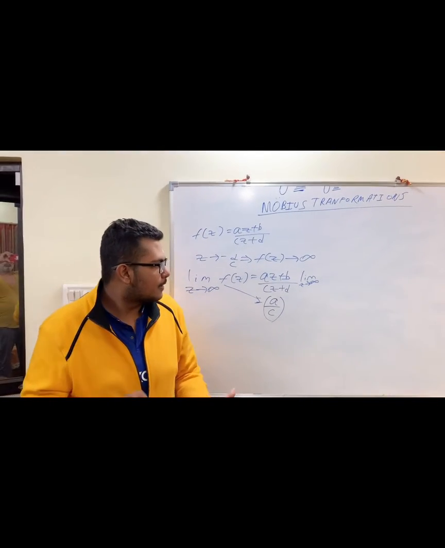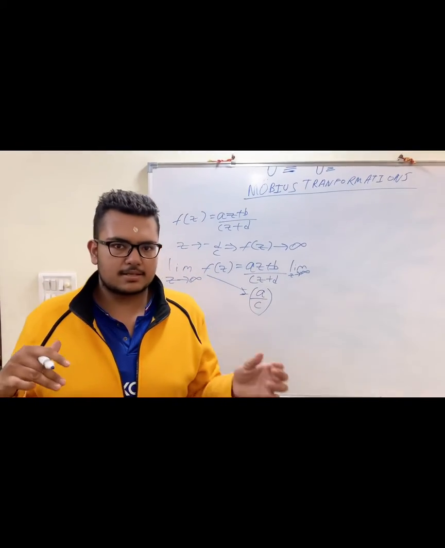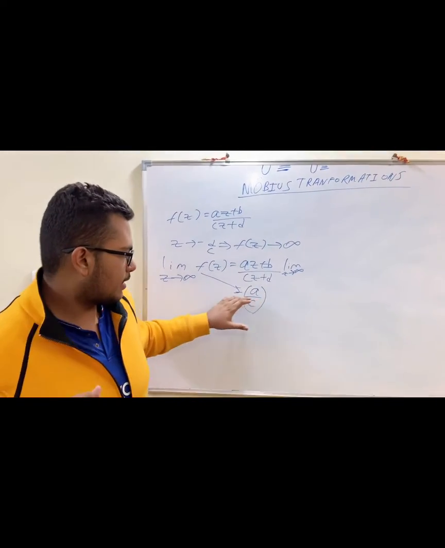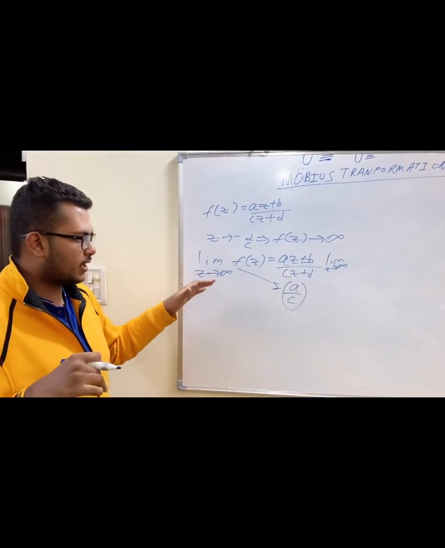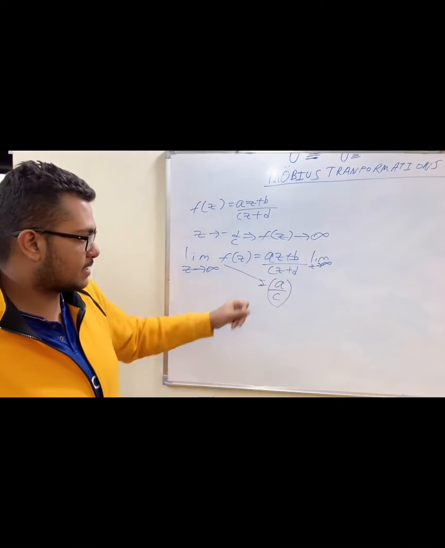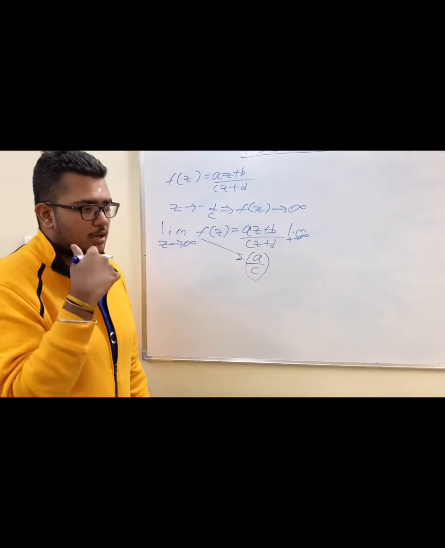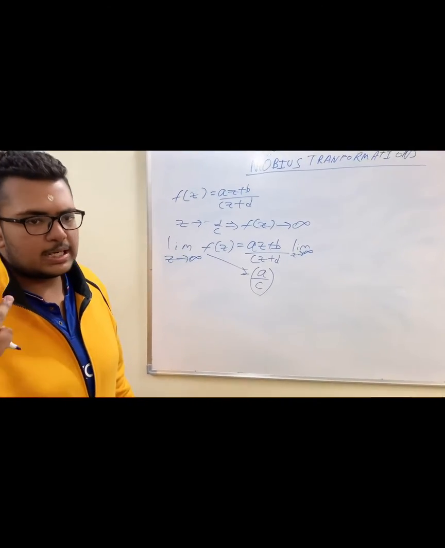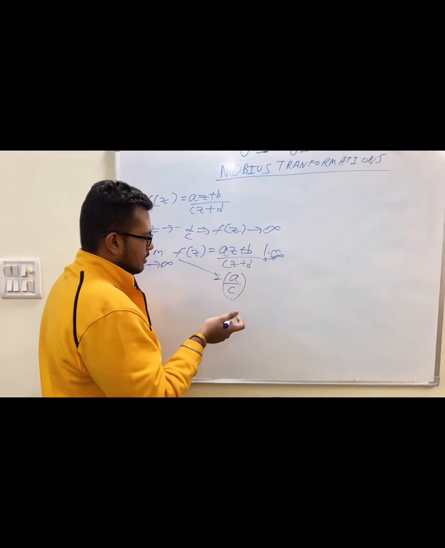With any kind of transformation, there is an associated property. As we were saying, az plus b has the linear transformation property, and this has the inversion property. So the Möbius transformation has three distinctive properties. It has linear transformations encoded in it.